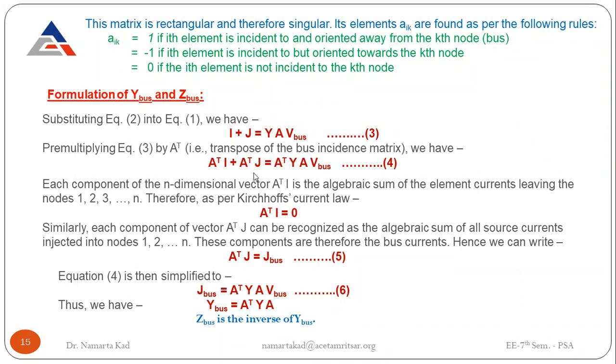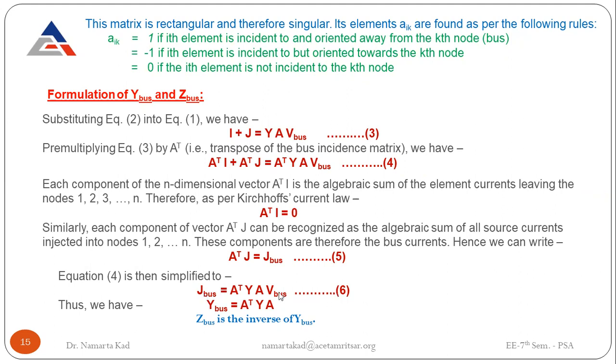Now equation 4 can again be written as J bus is equal to A transpose Y A into V bus. We know J bus is equal to Y bus into V bus. So Y bus comes out to be equal to A transpose Y A, as Z bus is the inverse of Y bus, that we know.